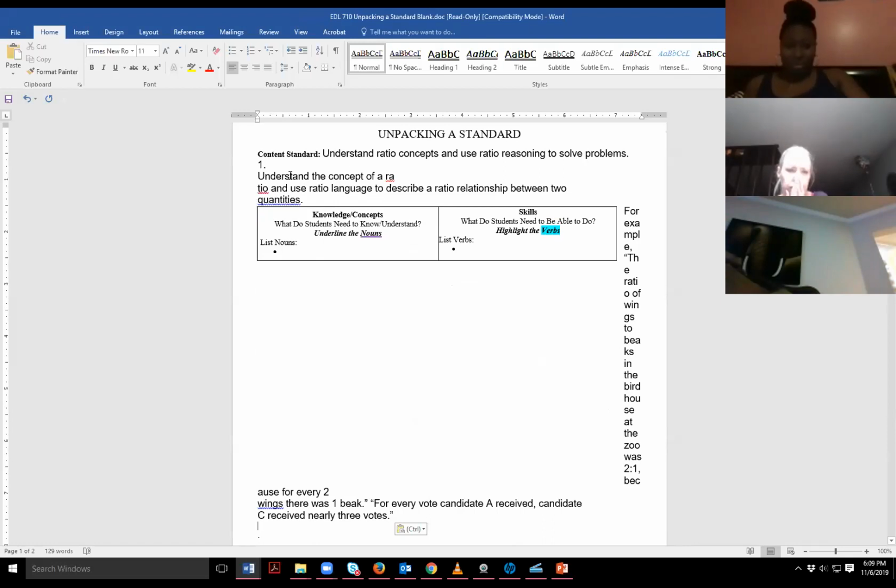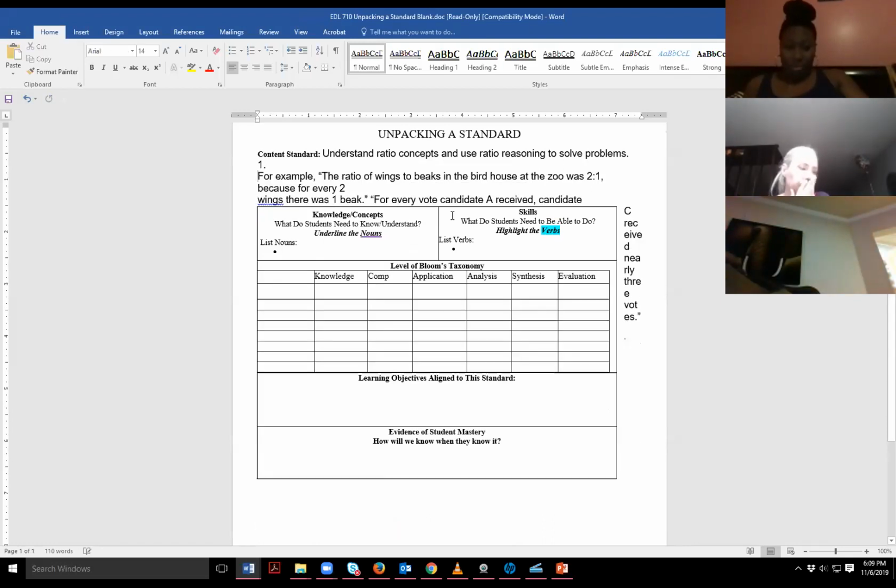So I'm going to put my standard in there. I'm going to take some of this out just because it's ugly and messy. So there's my content standard. I'm going to go through and identify my nouns. So for example, one of the nouns is going to be ratio.